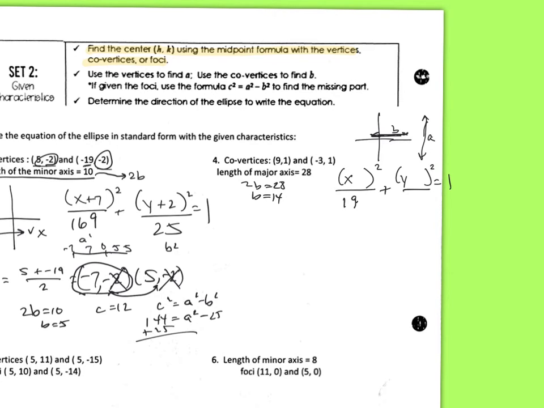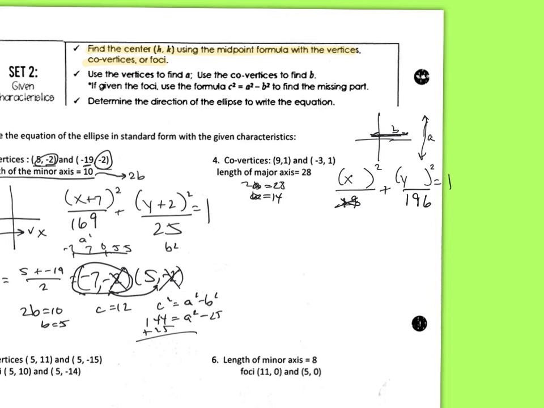Oh, that says major axis. Hello. I'm like, wait a minute, this is awful big for a small guy. So that's A, my fault. So then the 196 doesn't go here. The 196 goes here, sorry.